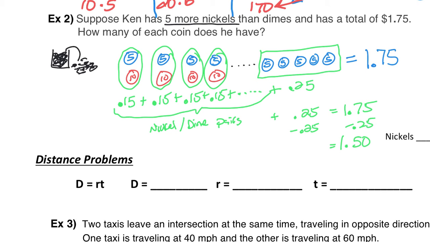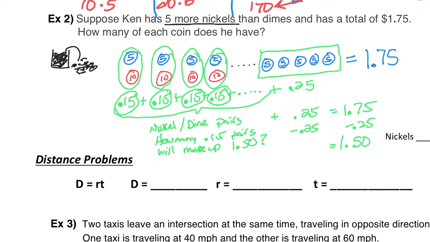So each pair of nickel and dime is 15 cents. So how many 15-cent pairs will make up $1.50? Think about it for a second. 15 cents.